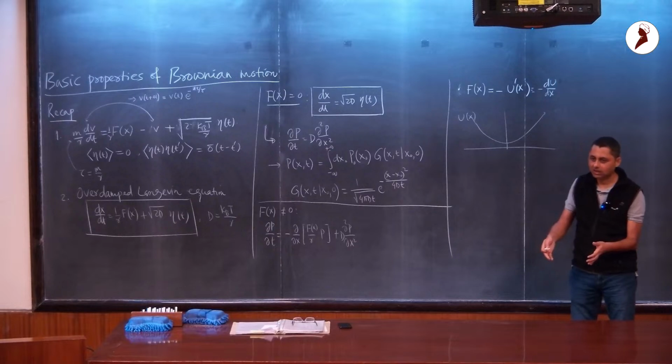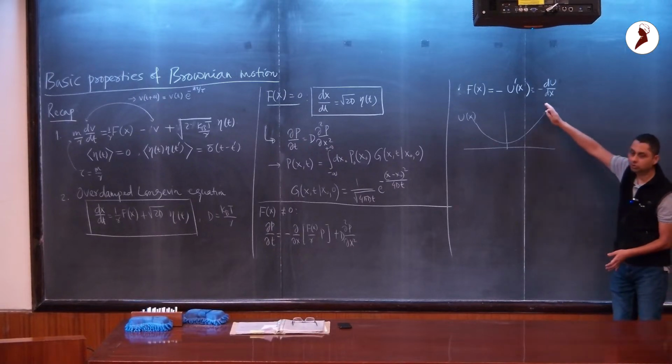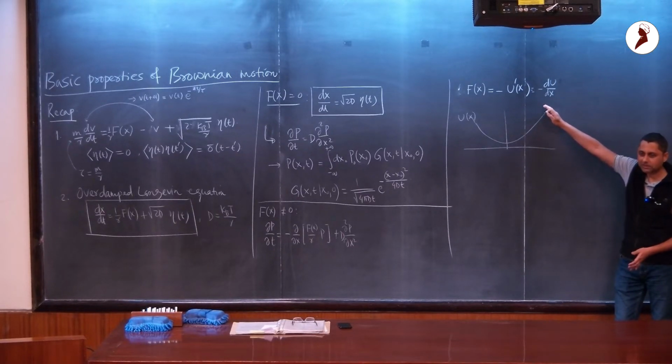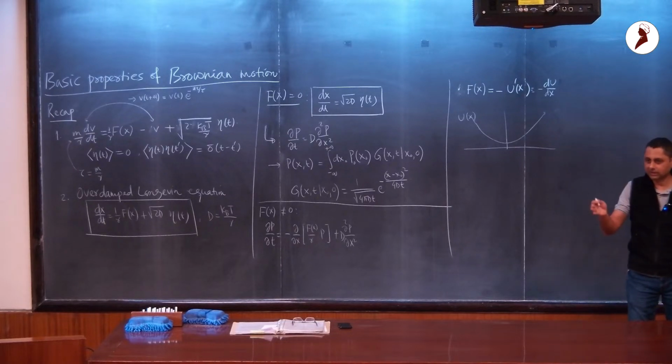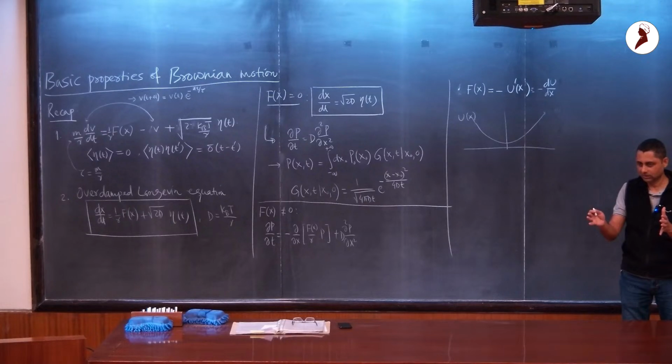We'll see what the requirements are, how it should go to infinity. But for the time being, let's assume that this potential is sufficiently confining that it confines the particle. So what's going to happen?